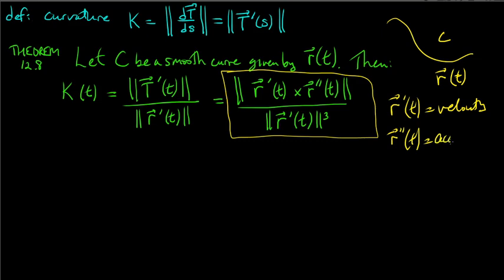So you take the magnitude of the cross product of the velocity and the acceleration, and then divide by the magnitude of the velocity cubed, to the third power. So in practice, this is a much easier way to calculate the curvature of any curve. And this could be a curve in a plane or even a curve in space.